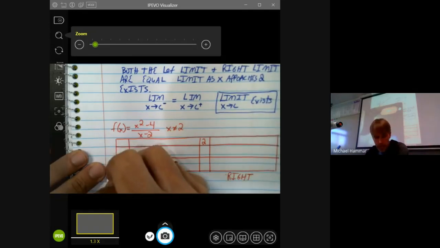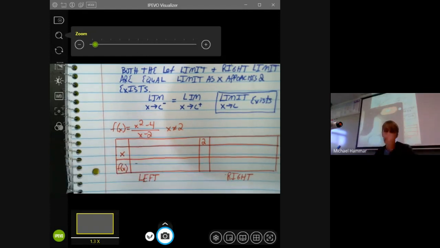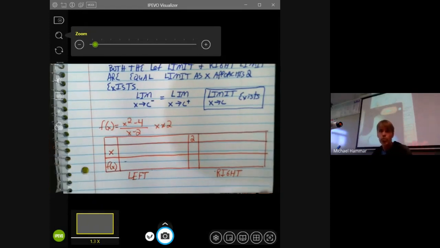Now, this is going to be our x values, and this is going to be our f of x values. So you're going to end up using your calculator to do some calculations here. We're going to set up the table first, and then I want you to pause the video, use your calculator to figure out the f of x values, and just try to figure out what happens.